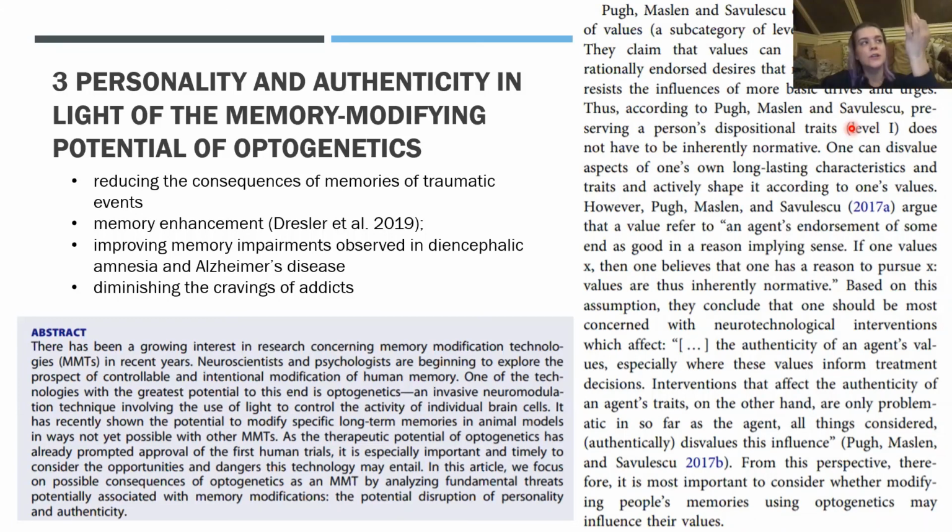How about oscillations? What do you think if they can alter oscillations and then gamma band stuff? So cognitive enhancement. I'm not sure it's actually feasible with optogenetics because you kind of need to stimulate a lot of neurons at the same time.